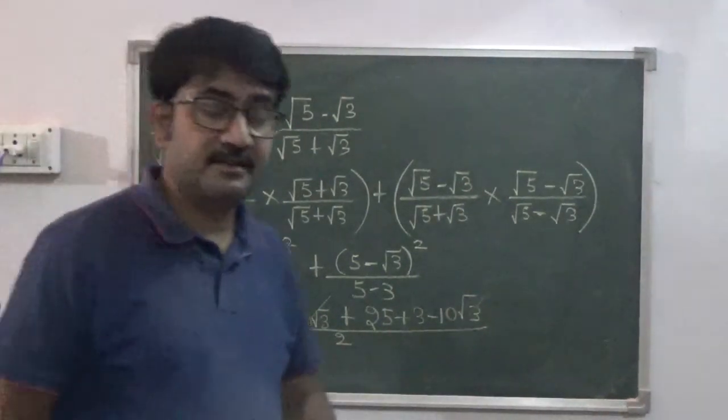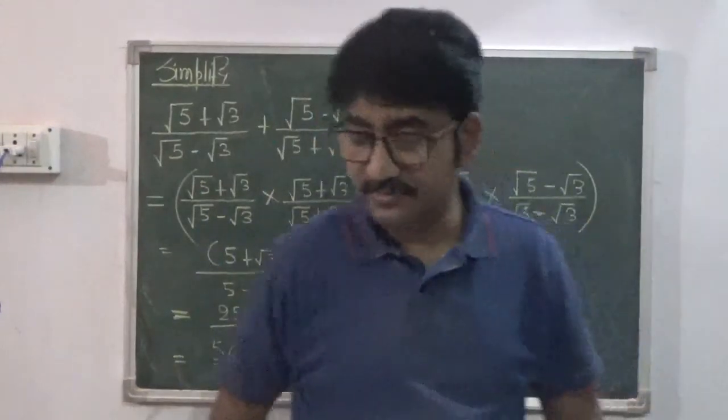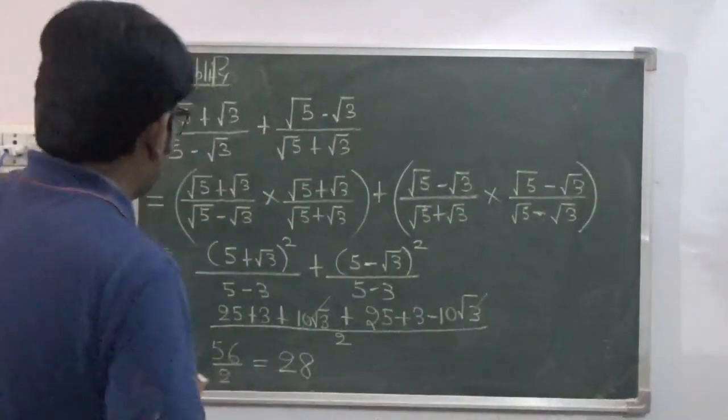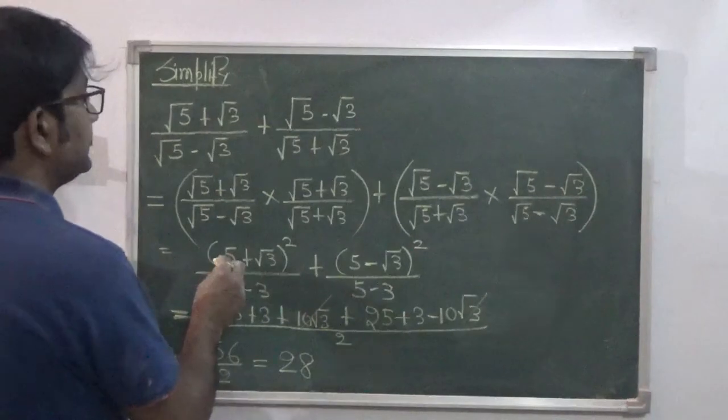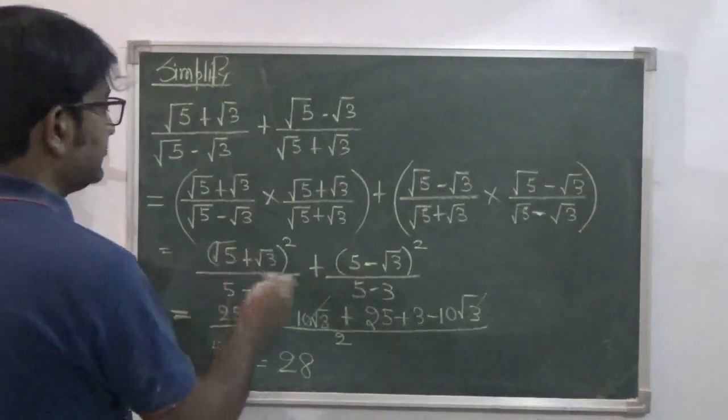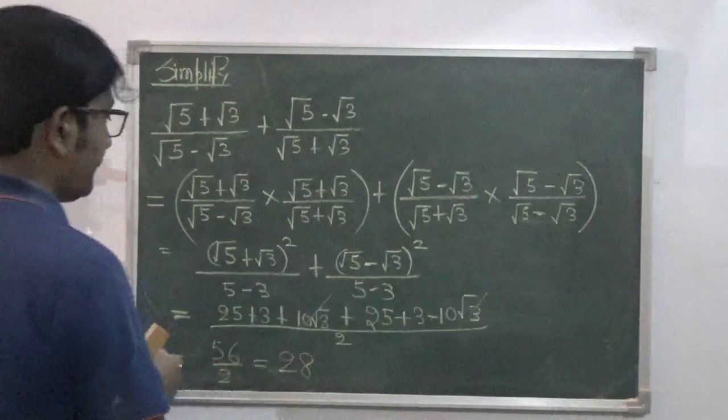I think again I did a mistake here. I left out the square root here. Just wait. This is again root 5. This is again root 5.